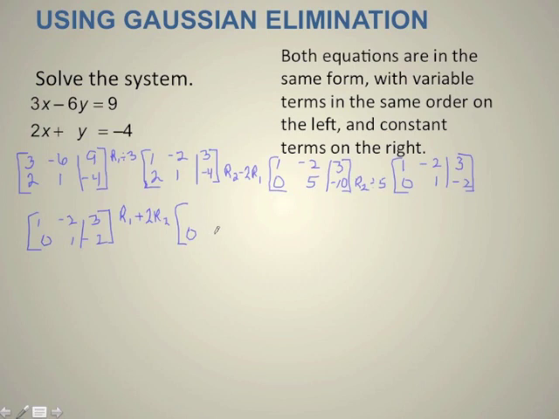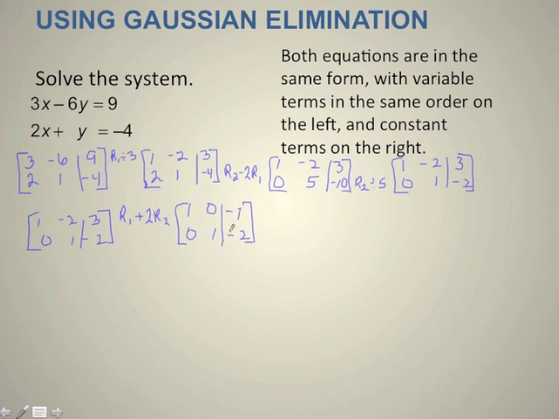So row 2 is going to stay the same. Row 1: 0 times 2 plus 1 is still 1. 2 times 1 is 2, plus the -2 will give me 0. -2 times 2 will be -4, plus the 3 will give me a -1.